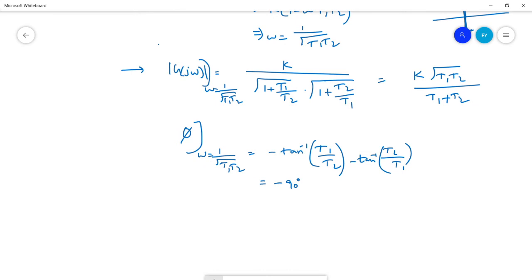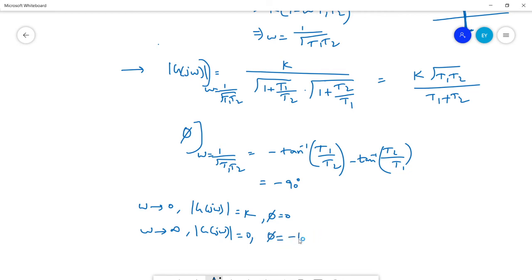Okay, now what we can write here is, at omega tends to 0, the magnitude of g of j omega is equal to k. The phase angle we know from the above plot, which we already plotted. At omega equal to infinity, g of j omega is equal to 0, and the phase angle we got is minus 180, right?